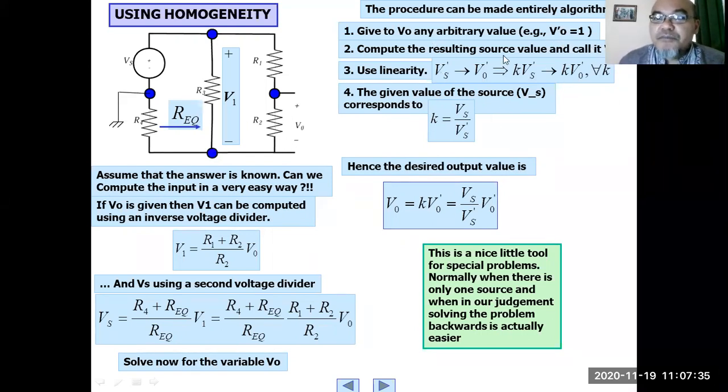Afterwards we compute the resulting source value, V dash S. From there we use the linearity principle: if V dash S results in V dash output, then multiplying V dash S by a certain K will result in K multiplied by V dash output. So this K times V dash S is the original Vs according to the problem.